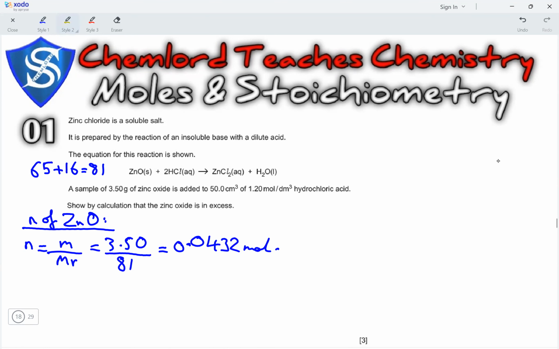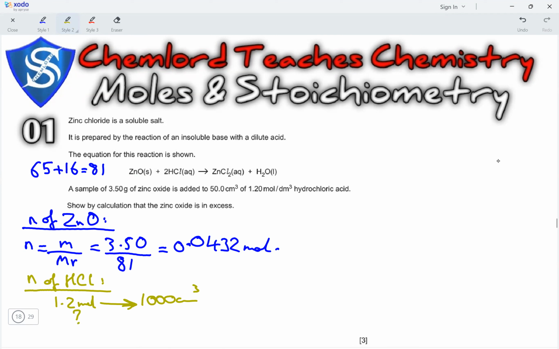Next, we need to calculate the number of moles of HCl. So the number of moles of HCl would be calculated using the volume and the concentration of HCl given. The concentration is 1.2 mole per dm cube, which means 1.2 moles of HCl are present in 1000 cm cube of a solution, because 1 dm cube is equal to 1000 cm cube.